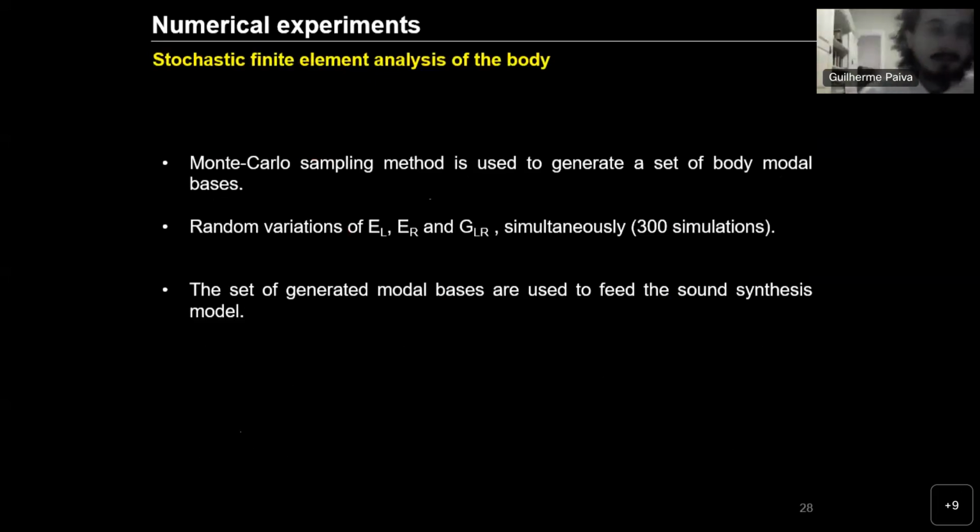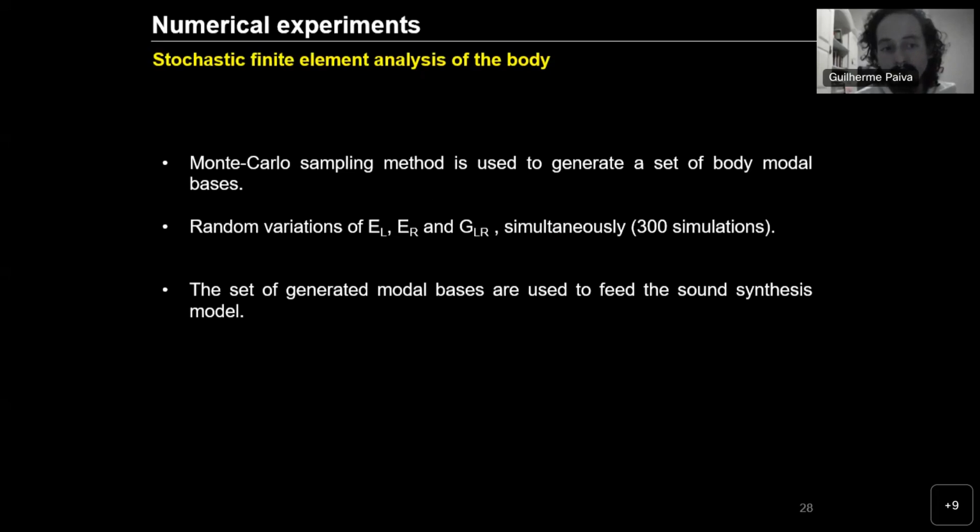If we want to consider these uncertainties, we need to perform a stochastic finite element analysis of the body. So we used the Monte Carlo sampling method, which allowed us to generate a set of body modal bases.